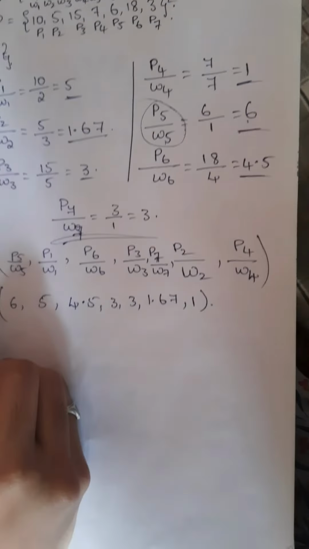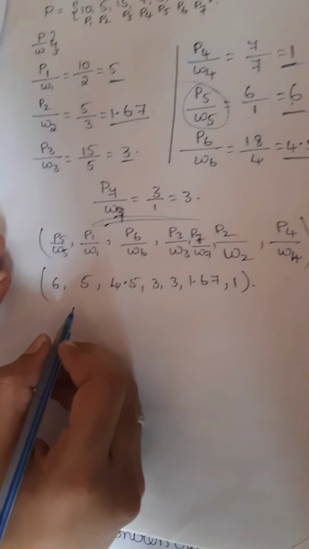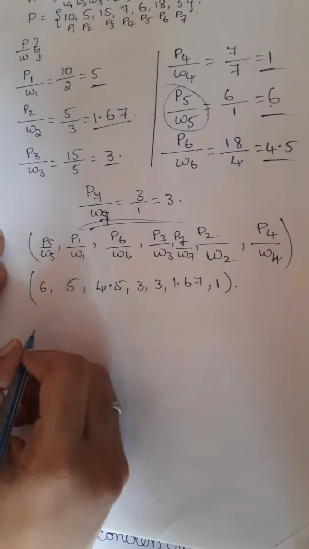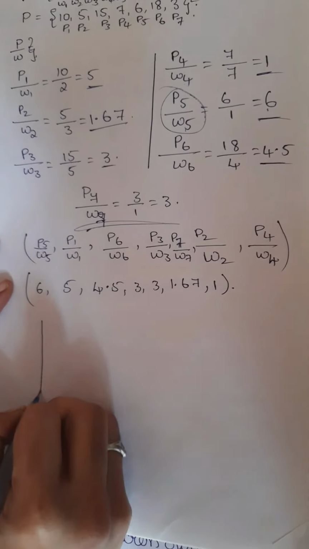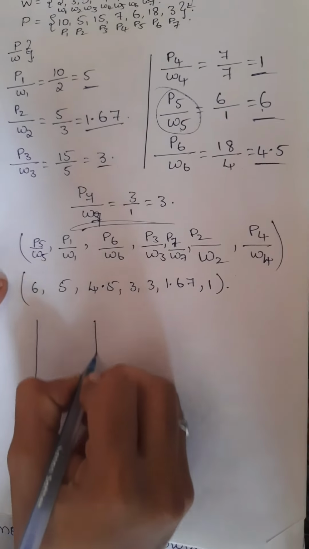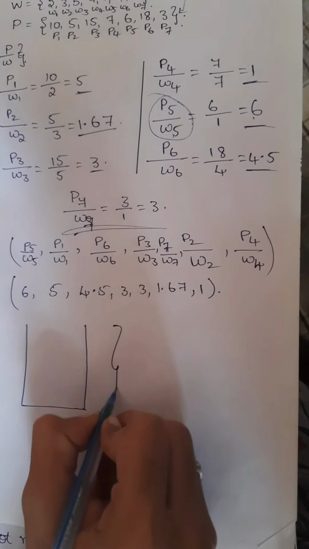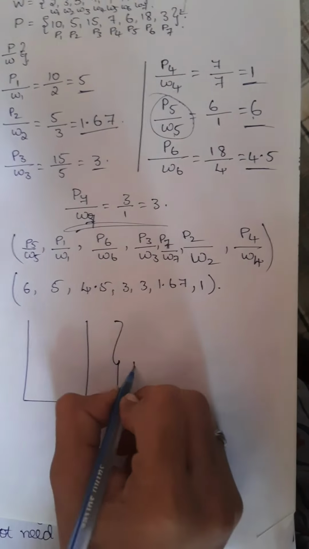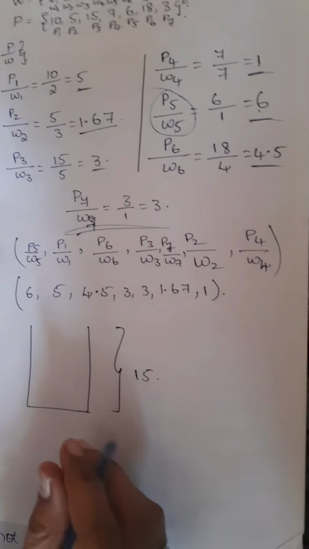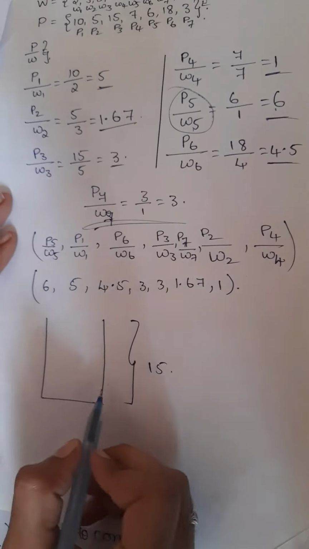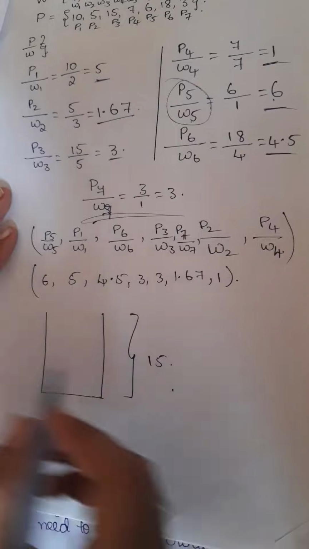So these are the descending order values for P by W. Now we have to arrange the knapsack for this, and the total knapsack weight is 15. Now we have to fill the values up to 15.